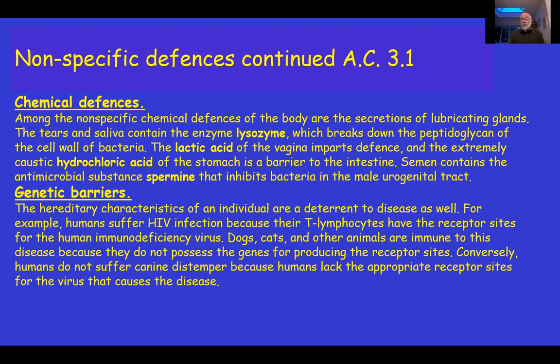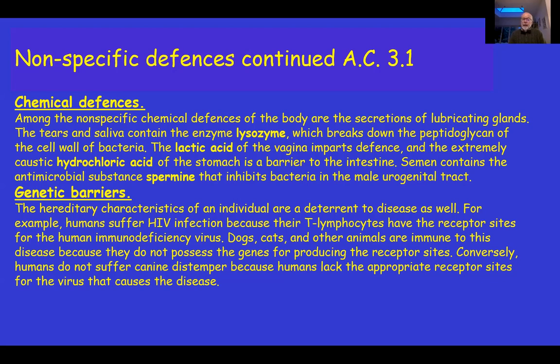The semen also contains an antimicrobial substance called spermine that inhibits bacteria in the male urogenital tract. A highly specialized substance to prevent infections.